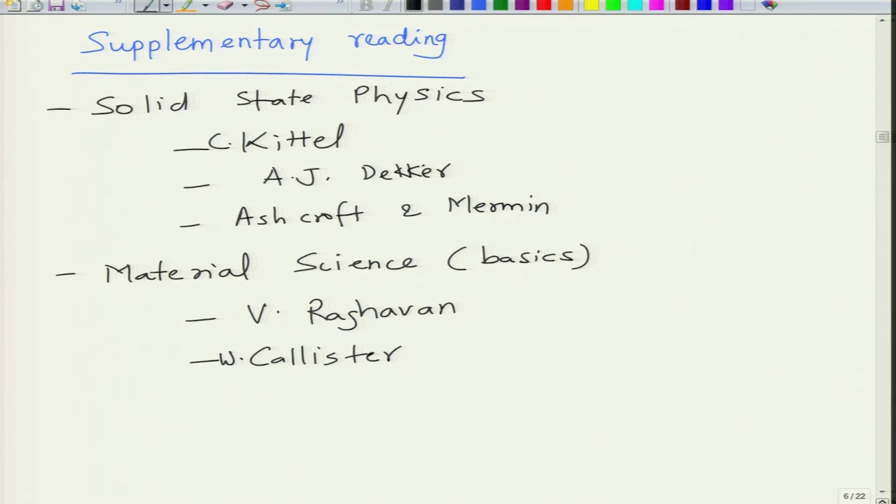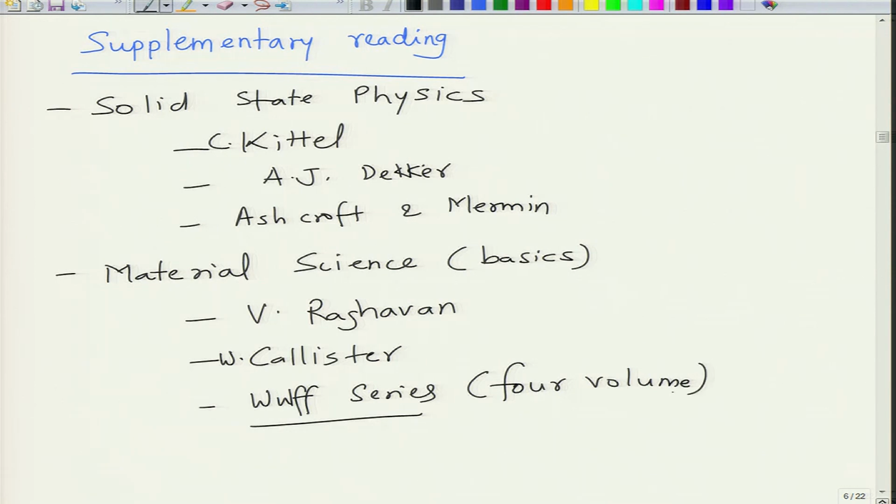This is again a similar book to Raghavan, but I consider Raghavan a little better in terms of its content. And then we have the Wulff series. This is a 4-volume series. We call it the Wulff series, but basically it is a material science and engineering series from MIT, 4-volume. It is a very old book, but it is a very nice book to read. So, these are the books you can read for improving your material science fundamentals, and these are the books you can read for improving your solid state physics fundamentals.